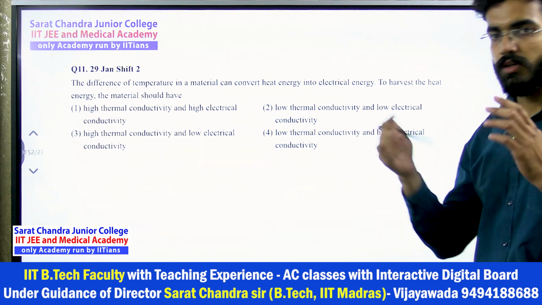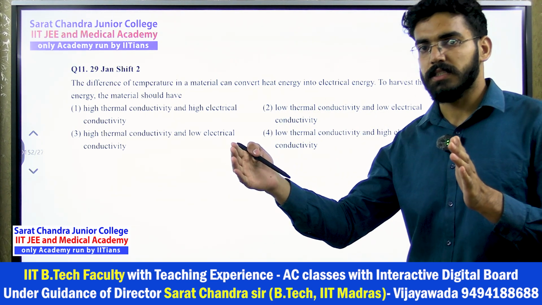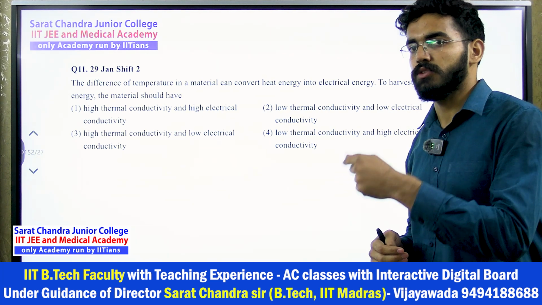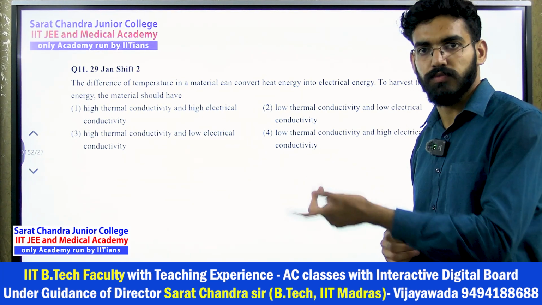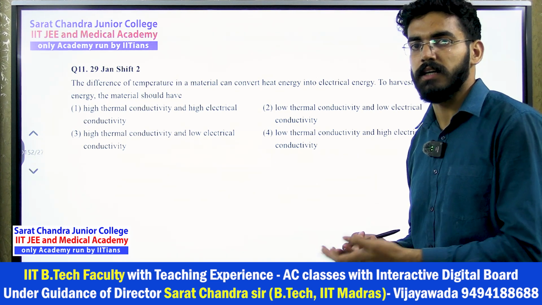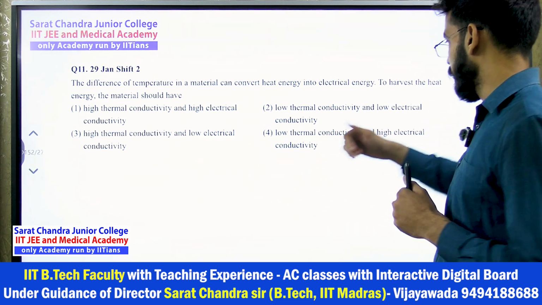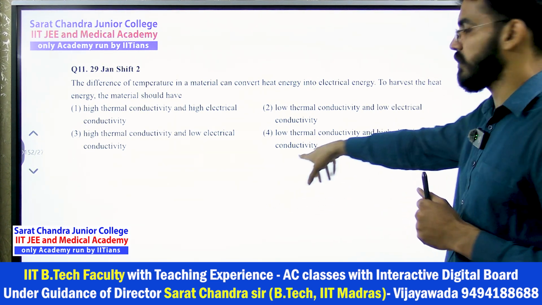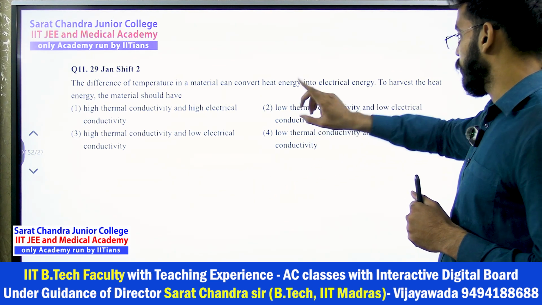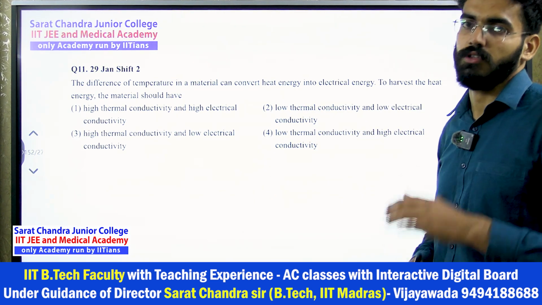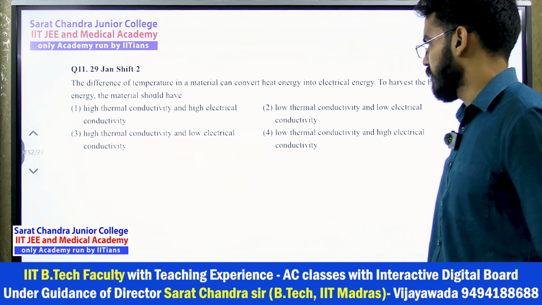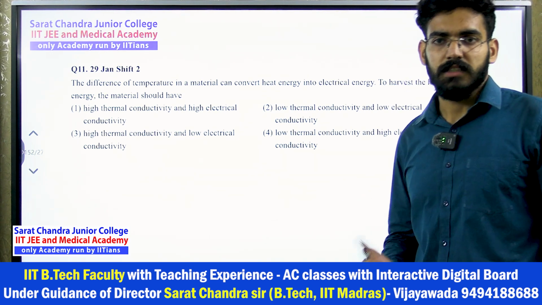Because I want to maintain the temperature difference, thermal conductivity should be low, the heat should not flow, but I want the electricity to flow, that only I am generating, right? So my electricity will flow when my electrical conductivity is high. So what can I say? Low thermal conductivity and high electrical conductivity. So my answer is the 4th option. Understood? So this is about this chapter. Thank you.